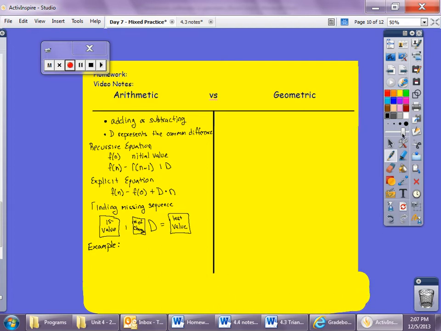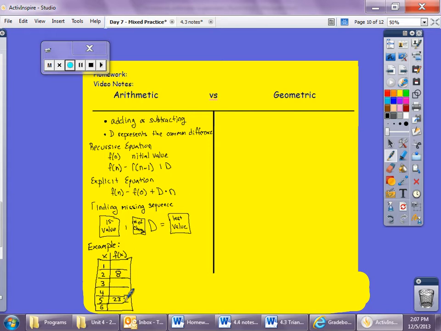For my example, I'm going to make a table, my x and my f of x, with 1, 2, 3, 4, 5, 6. And in the table, I'm only going to give myself the value of 8 and this value of 23.